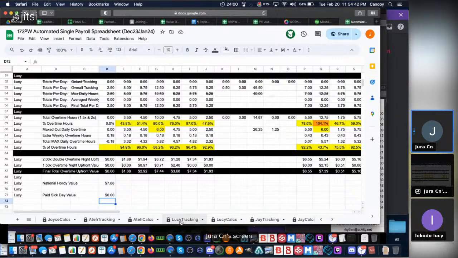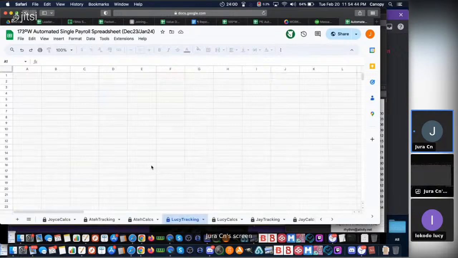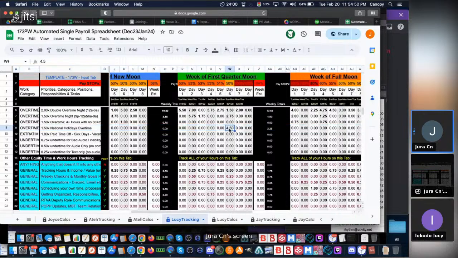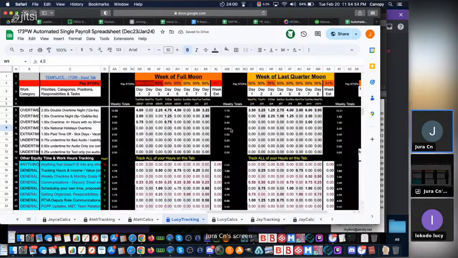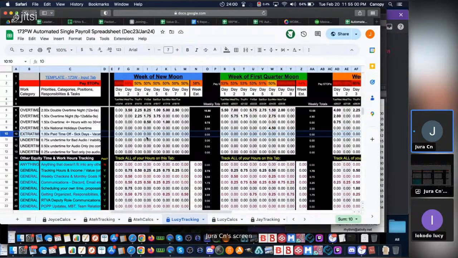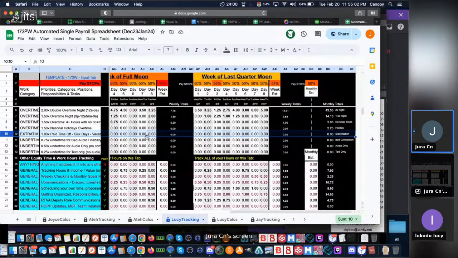Here's Lucy tracking, and we have national holiday overtime 000. You have 450 right here on a 50% pay stop. No, we did the national tracking. So this was the sick vacation days with extra timeline 10. So 00000. You tracked no sick days. I did not take any sick leave. So that makes sense that it would be 0 then.